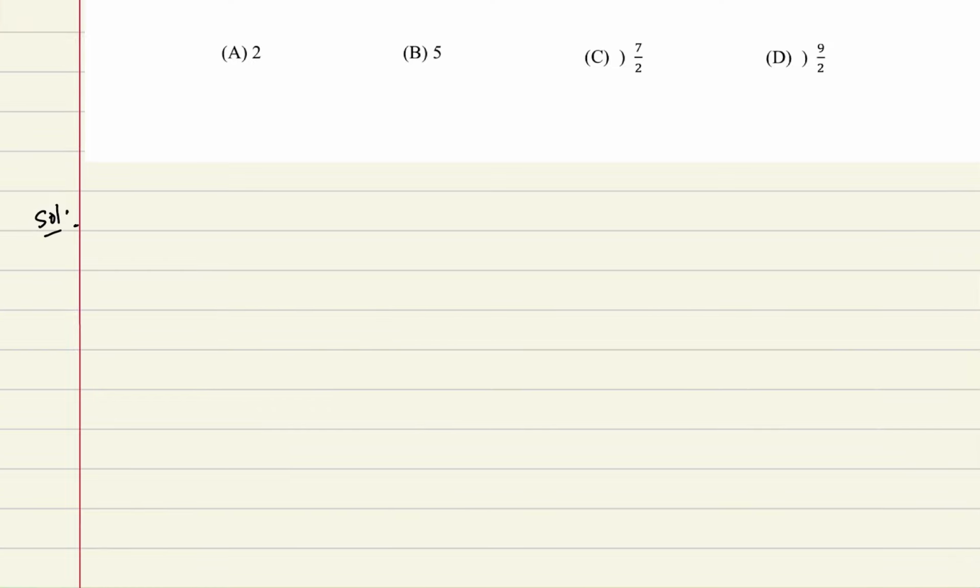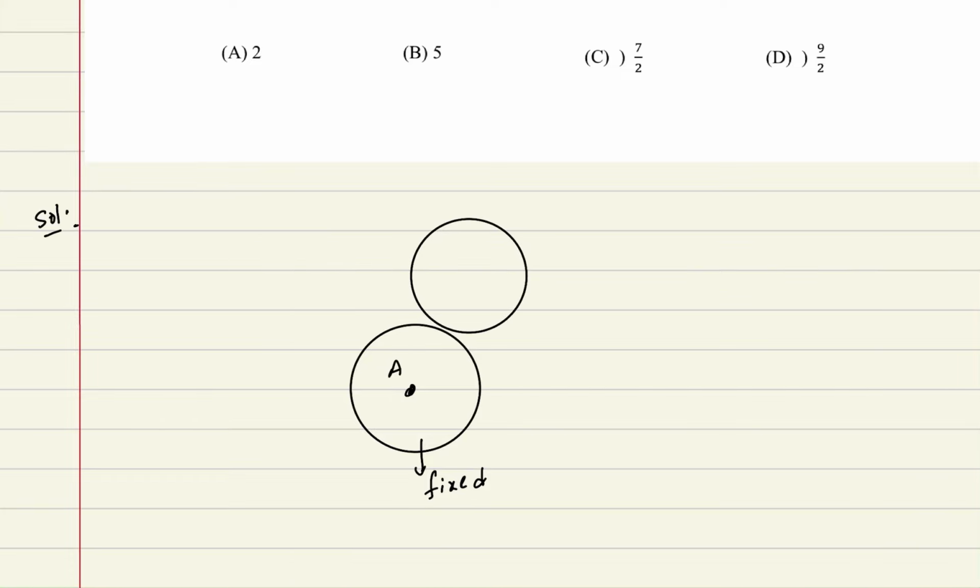Just observe that I am writing these diagrams below. Now there is a fixed disk, and there is one more disk having the same radius. This radius is r, this radius is also r. We can see this is rolling without slipping.